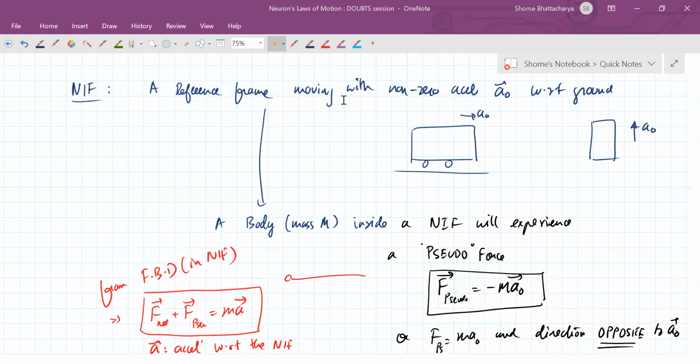Yeah, Archit beta, are the two definitions clear, that what a non-inertial frame is and what a pseudo force is? Yeah, I'll come to the last one. But these two definitions are clear: what is a non-inertial frame and what is pseudo force? These two things.